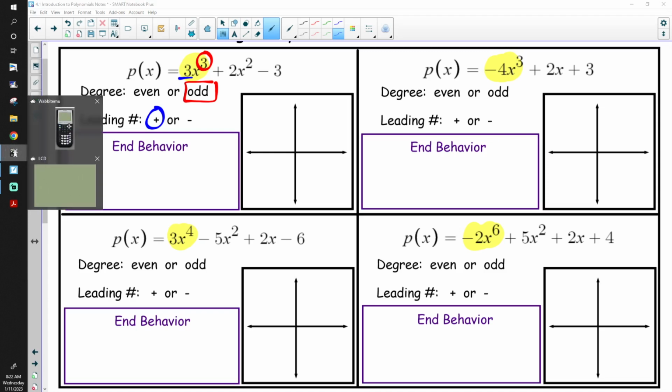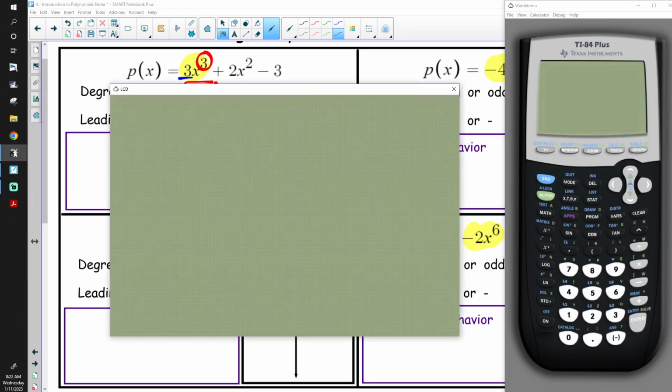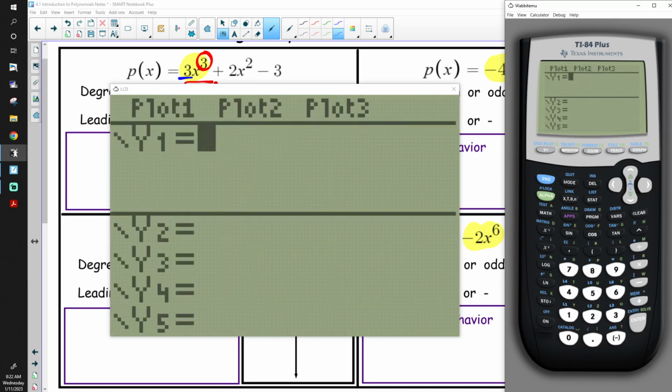Okay, so let's figure out what this graph looks like and make a little tiny sketch on our coordinate plane. So calculator is super important today. Pull out your calculator. Turn that bad boy on. Go to your y equals. Let's plug this polynomial in, which is a cubic function, and it's a trinomial. 3 terms, degree 3, cubic trinomial.